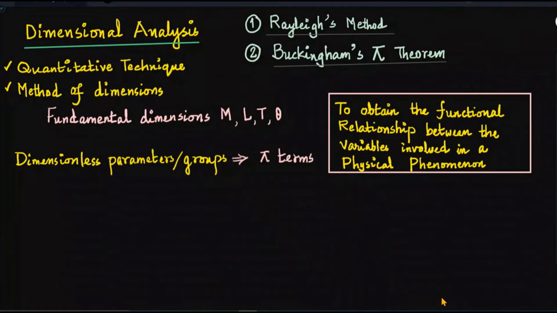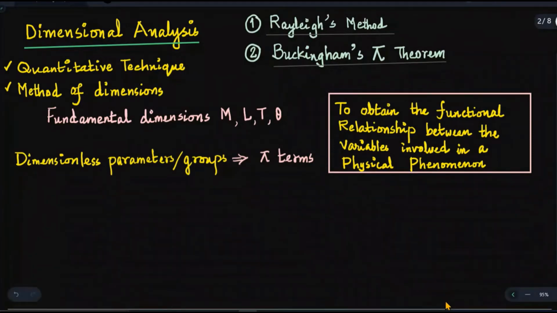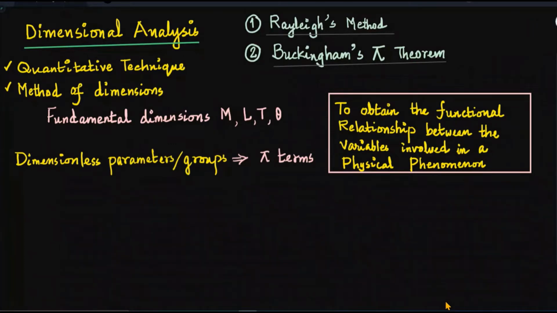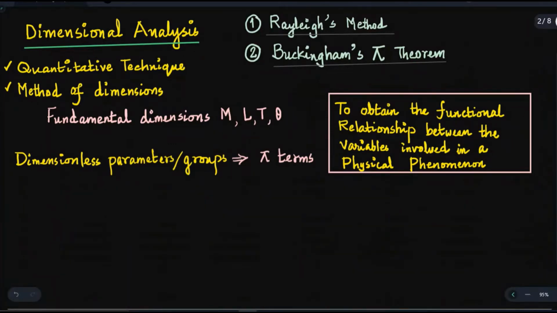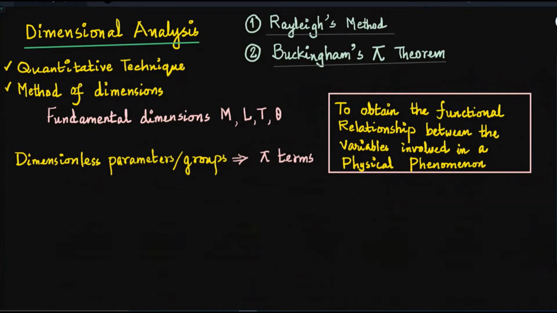So we know the fundamental dimensions as well as the dimensions derived out of these fundamental dimensions. And also we know the dimensionless groups or parameters.